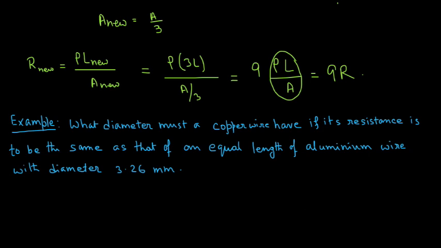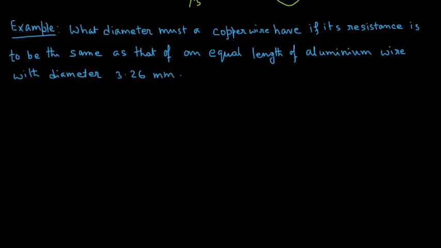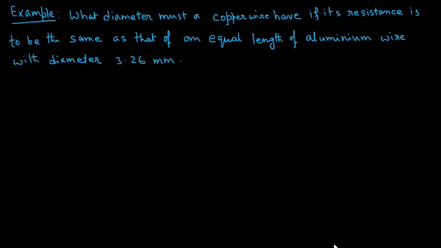So our next problem is, what diameter must a copper wire have if its resistance is to be the same as that of equal length of aluminum wire with diameter 3.26 millimeter? So this question is a little tricky.